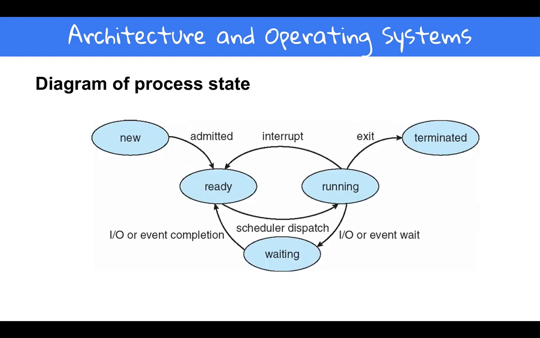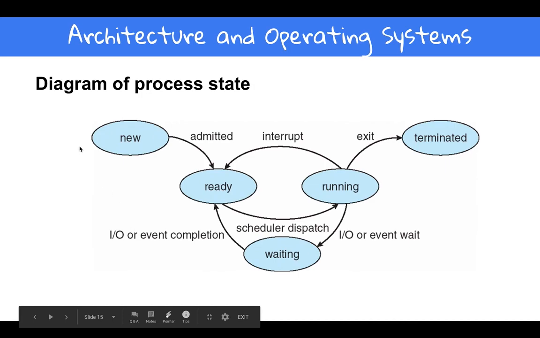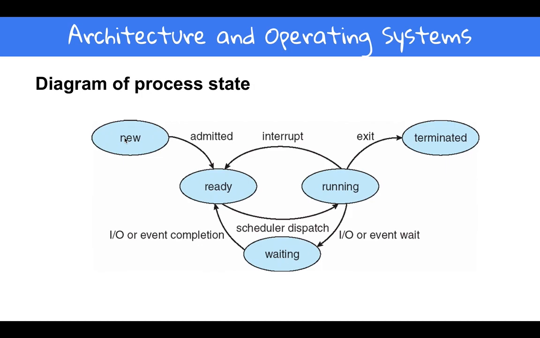So that's a really good diagram. We had something similar for the threads in the previous lecture, but this one is about the processes and their status. When a process comes from memory, I'll tell you later on how, it goes to the ready status. When it goes to ready, it means that we need to give it CPU time to be executed. So it goes to the running status to be executed.